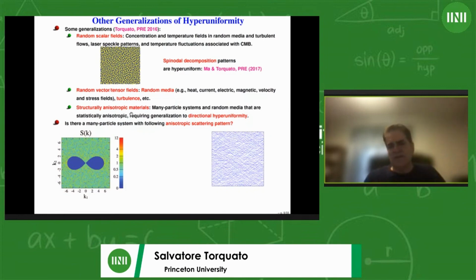You could also imagine statistically anisotropic materials in which, instead of having a circular region around the origin in Fourier space, you have this figure 8 where there are absolutely no single scattering events. You could actually produce these kinds of anisotropic structures. The point is that you can have so-called directional hyperuniformity. In this direction, it's not hyperuniform, and if you approach the origin in this direction, it is hyperuniform. Those are interesting, and I think they are waiting to be applied more fully to optical applications.